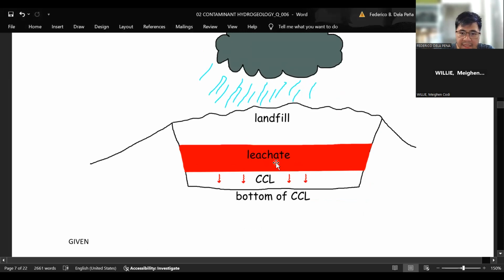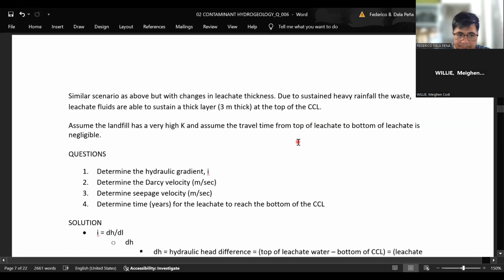All right. The consequence of this accumulation of water is that you now have a higher hydraulic head acting at the CCL. So you can imagine this as a higher pressure of water that's trying to force its way down to the compacted clay liner.